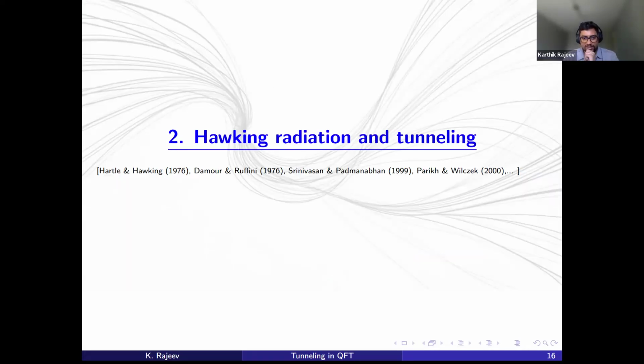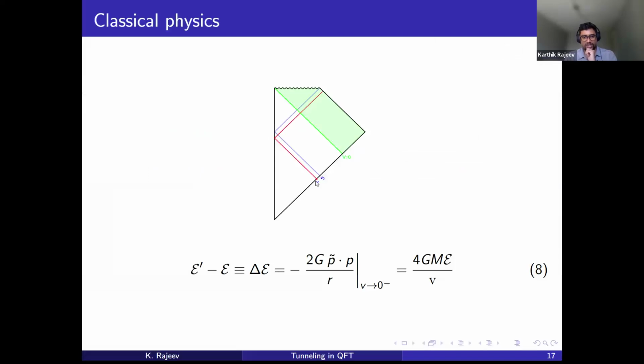But before going into the tunneling bit, let me take tunneling as a semi-classical phenomenon. Therefore, let's start with classical first. Interestingly, there is just one simple object that you have to compute, which encodes all Hawking radiation information.